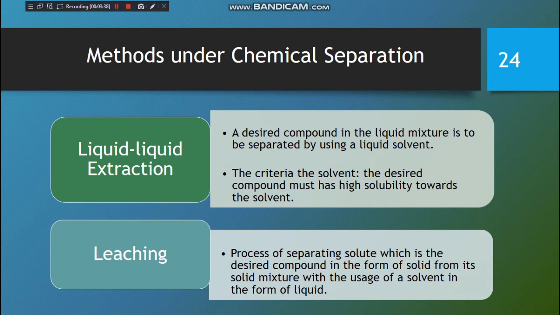Previously in liquid extraction, the solvent used to extract the solute from the mixture was in liquid phase. In leaching, the solvent is also a liquid, but it needs to extract the solid from the solution.